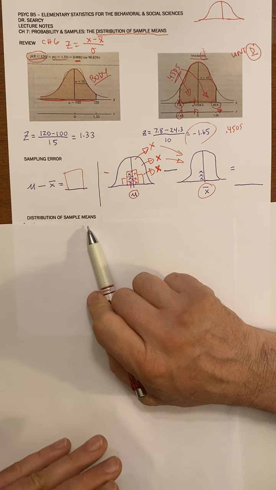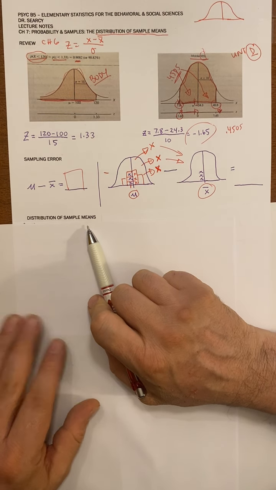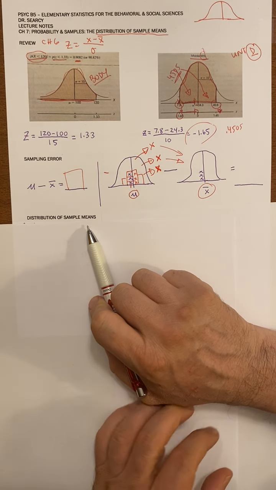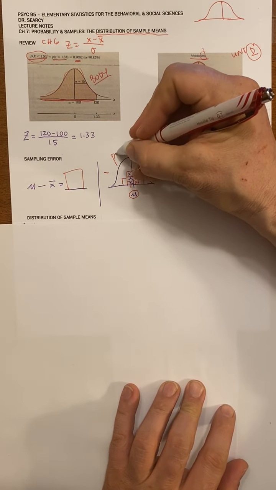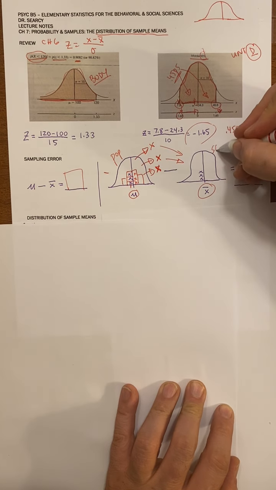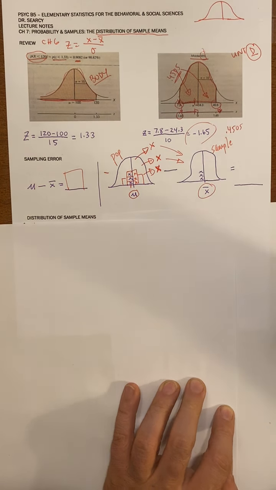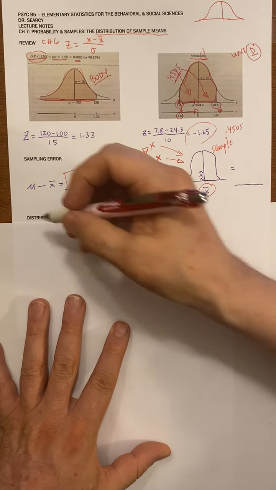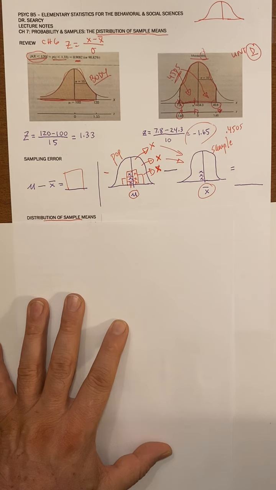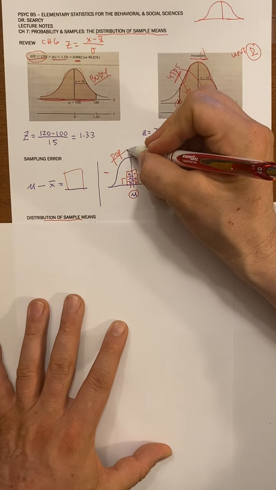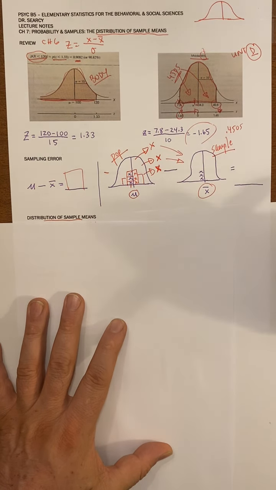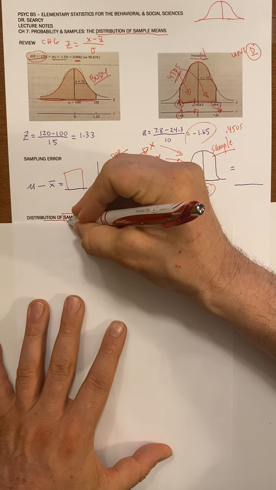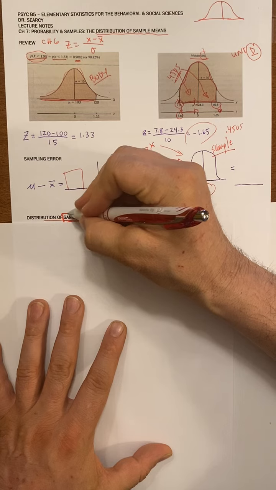Right now, at this point, what you want to get is that we are now talking about a different kind of distribution. Here we had a population distribution. Here we had a sample distribution. Now we're going to talk about this thing called the distribution of sample means. Not a population distribution and not a sample distribution, but a sample means distribution, right? And that's the main difference here.